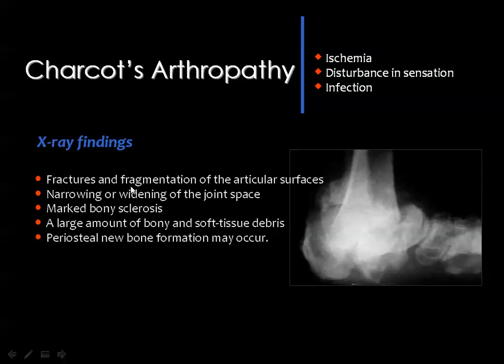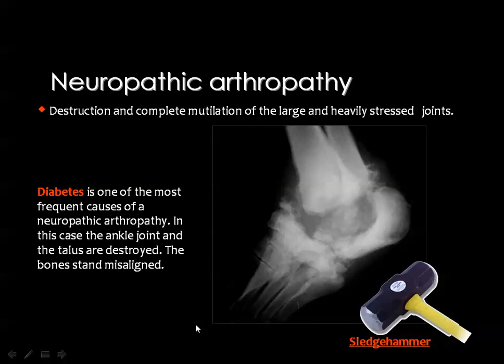There are fractures and fragmented bones, and there are many appearances in the joint space, maybe widening or narrowing, but one of the particular manifestations is the presence of extensive bone sclerosis. And there is a large amount of bone and soft tissue debris in the vicinity of the affected joint, and you may appreciate also extensive periosteal new bone formation.